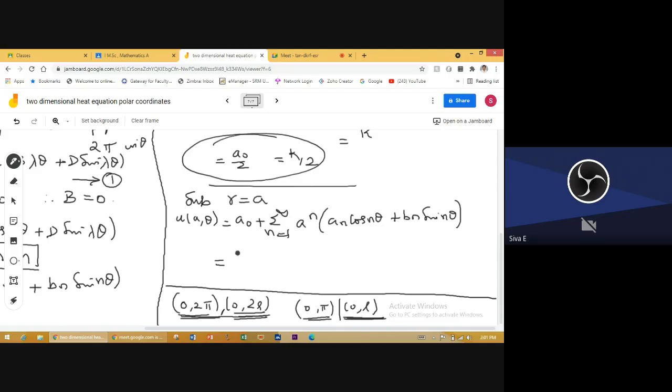So this can be written as a naught plus summation of n equal to 1 to infinity a power n a n cos n theta, a power n b n sin n theta. Now we have to find a naught and a n, b n.